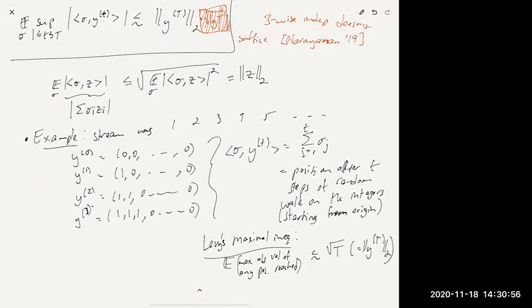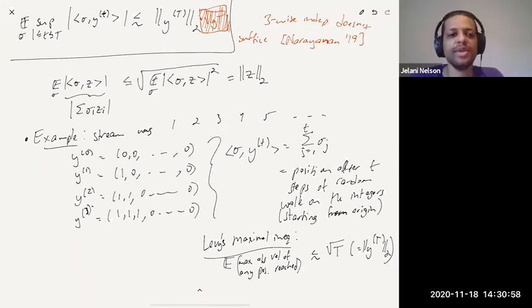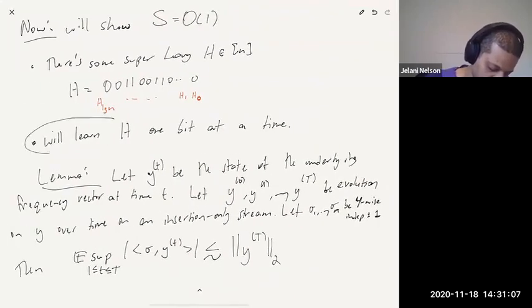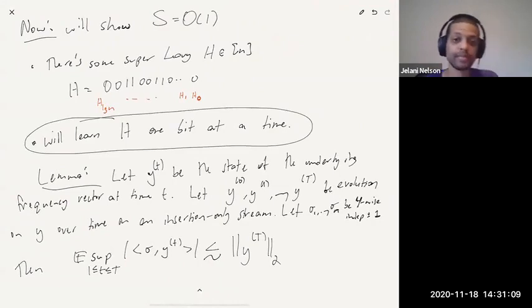Okay, so good. Now let's try to develop the algorithm using this lemma. As I already mentioned, we're going to try to learn h bit by bit. So how do we learn h0?